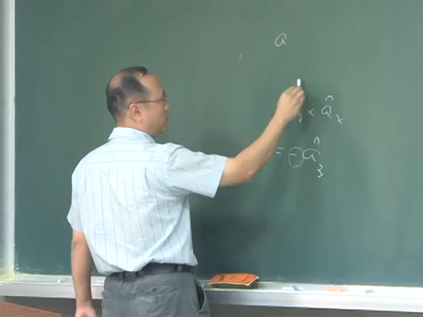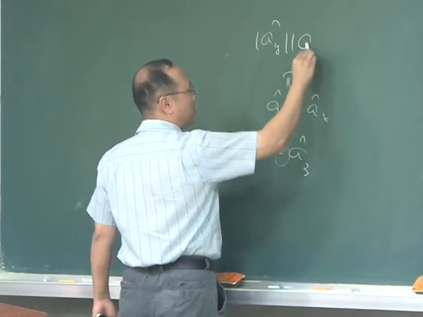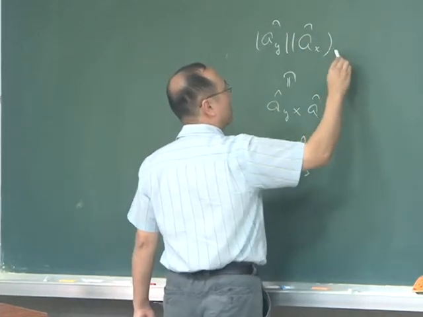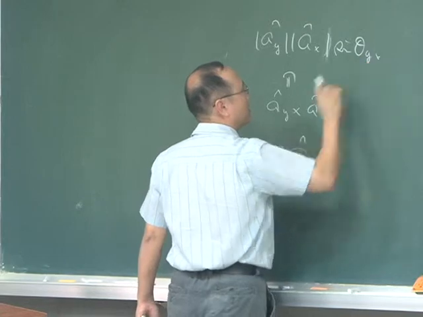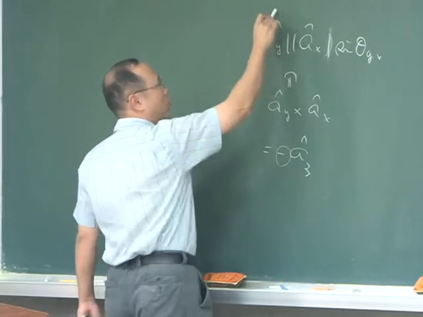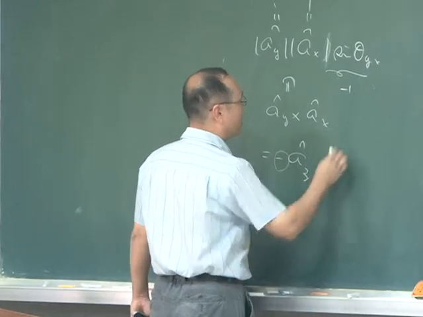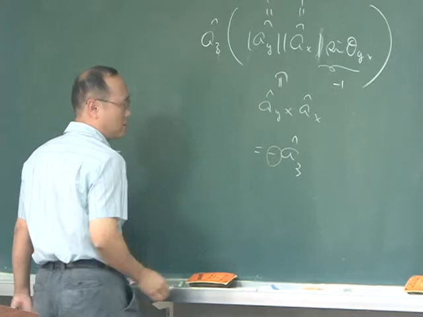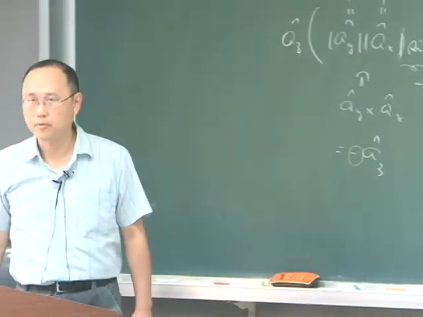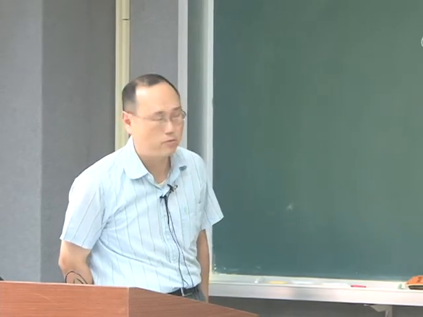For this example, you have AY, AX, and then sine theta YX. You have 1 for this, 1 for this, and this is minus 1. And the whole direction is along the z direction. So this is a very simple construction for these three relationships.